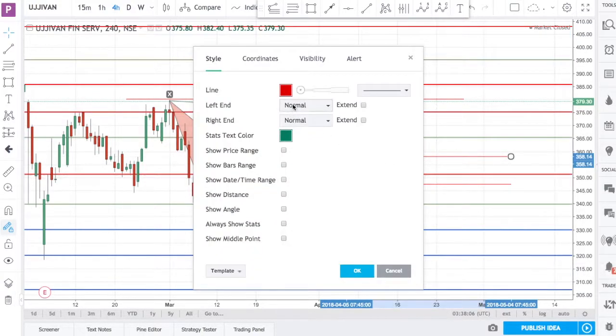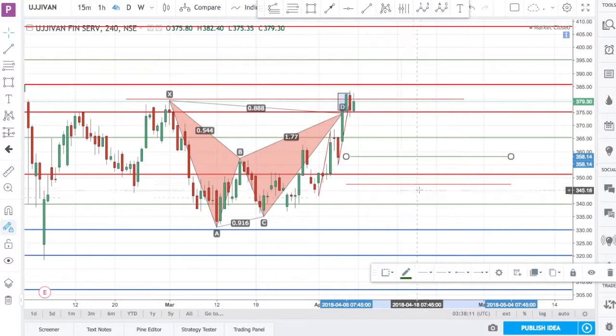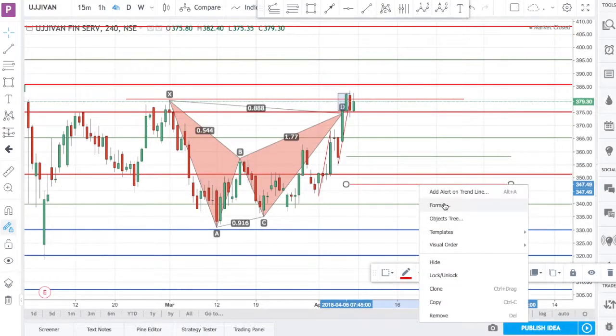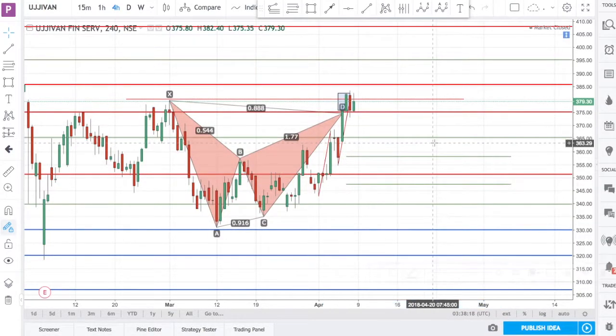Let me change the color on these two to green. Okay, fine.